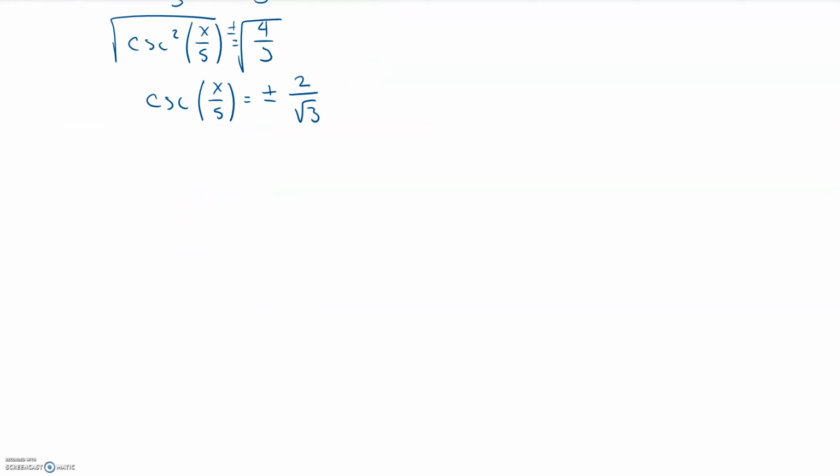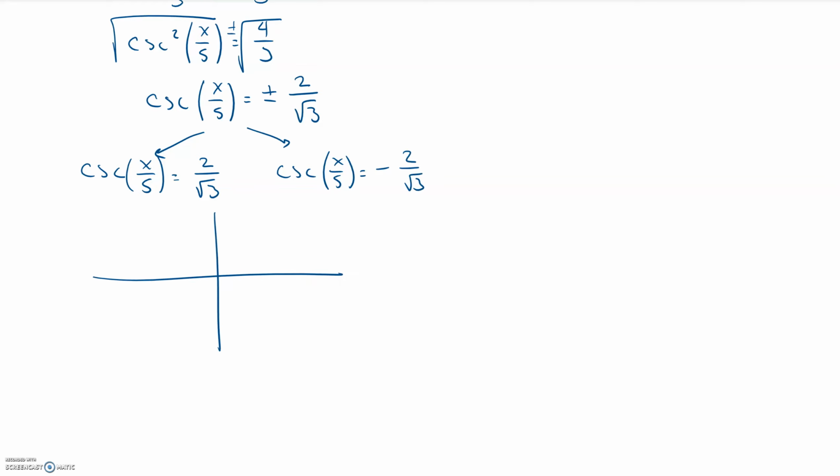And when we have a plus or minus, I like to separate them. It's going to be cosecant x over 5 equals positive 2 over rad 3, and cosecant x over 5 equals negative 2 over rad 3. So I'm looking for a hypotenuse of 2 and an opposite of positive rad 3.